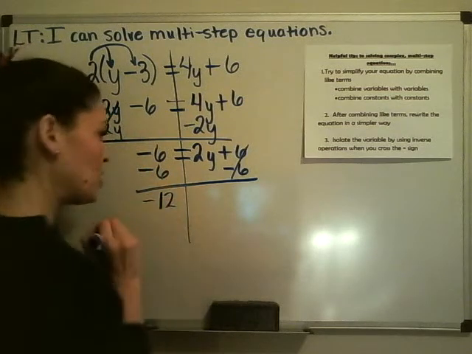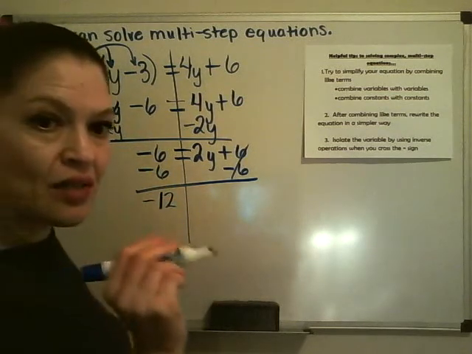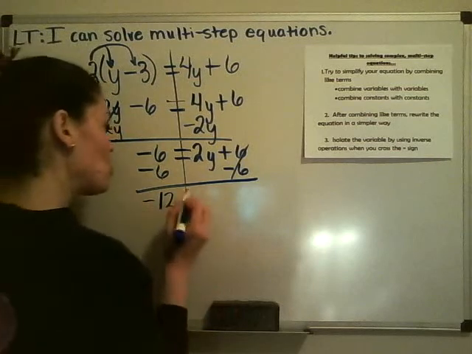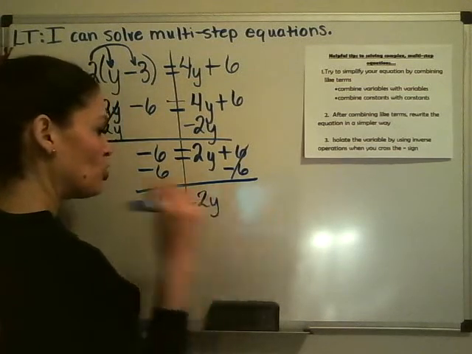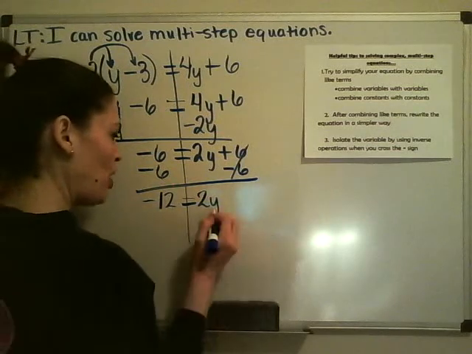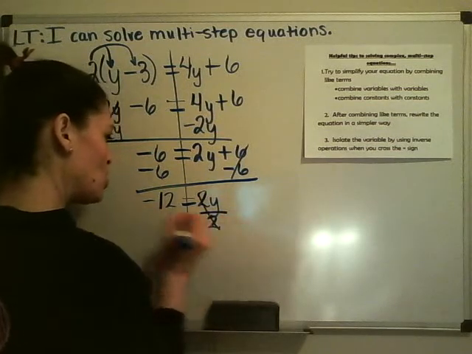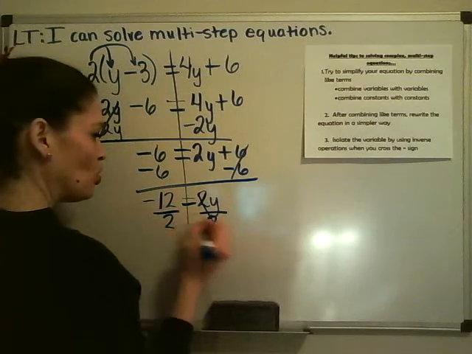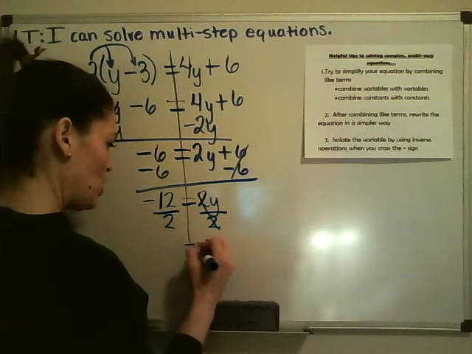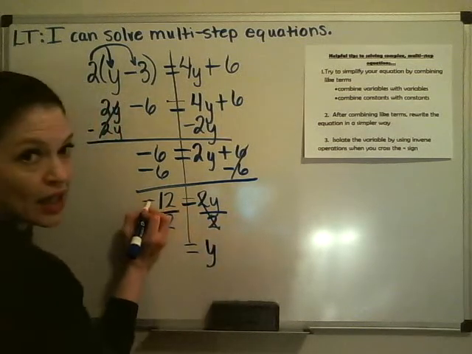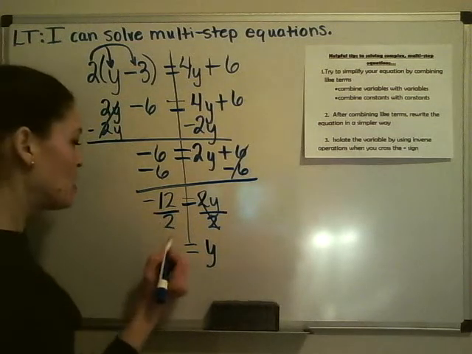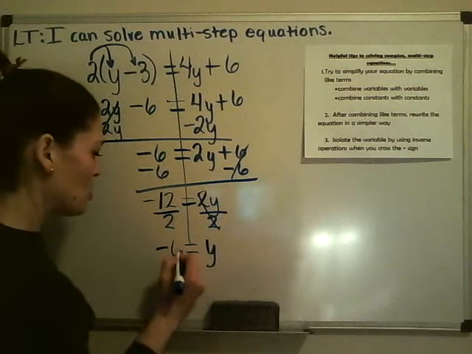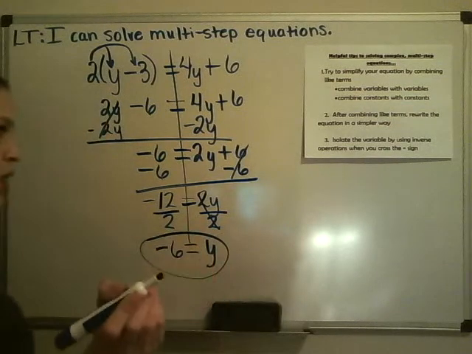I keep the sign. That's a negative 12. Negative 12 equals 2y. At this point, you should say, oh yeah, I got to divide by 2. Cancel, divide by 2, y equals a negative divided by a positive is a negative 6. Voila.